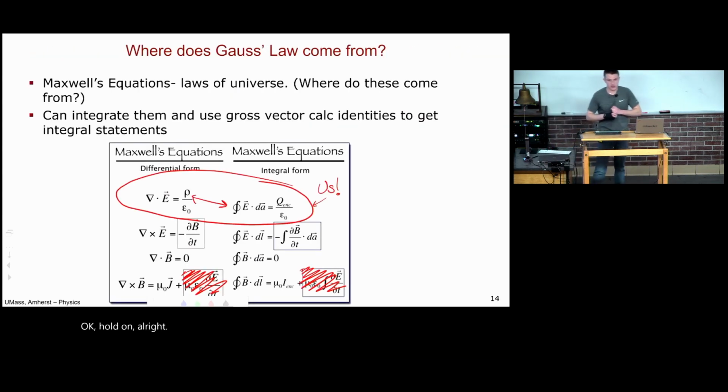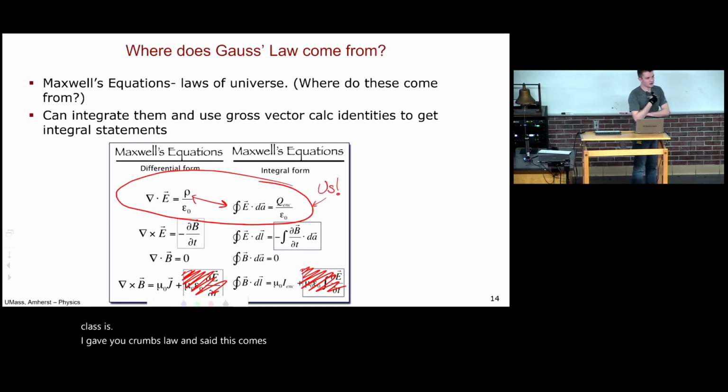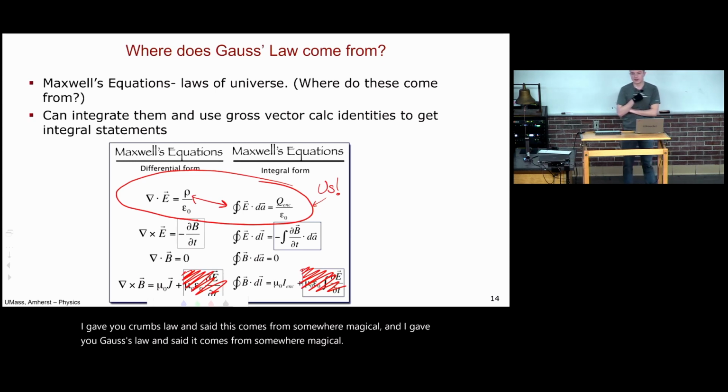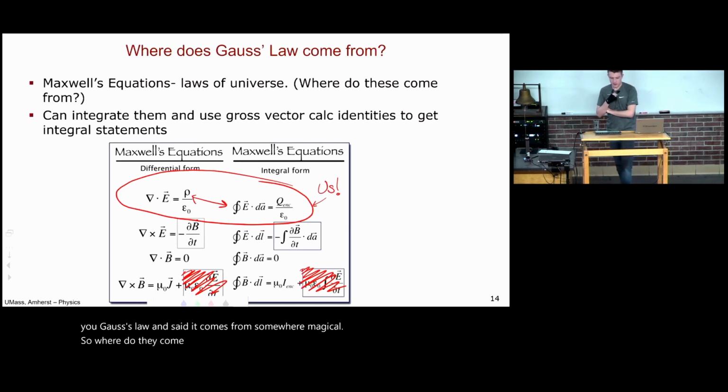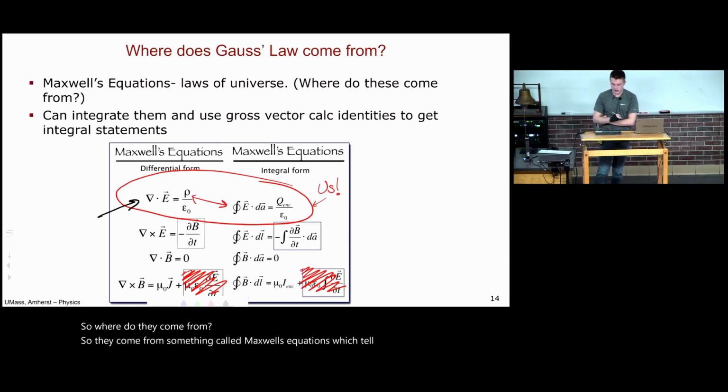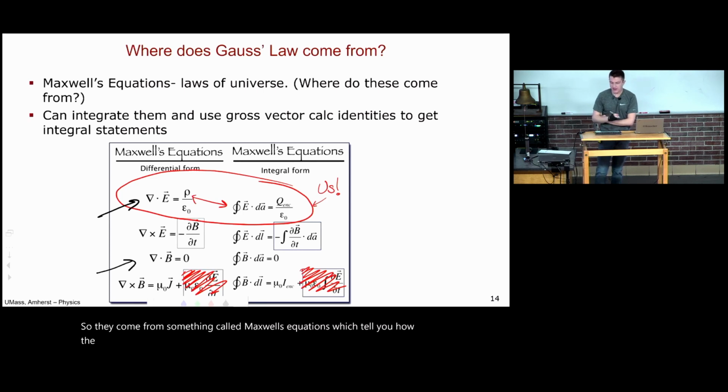A quick question, and this is something that I haven't told you guys yet in this class: I gave you Coulomb's law and said this comes from somewhere magical, and I gave you Gauss's law and said it comes from somewhere magical. So where do they come from? They come from something called Maxwell's equations, which tell you how the electric field and magnetic field must look near different kinds of objects.